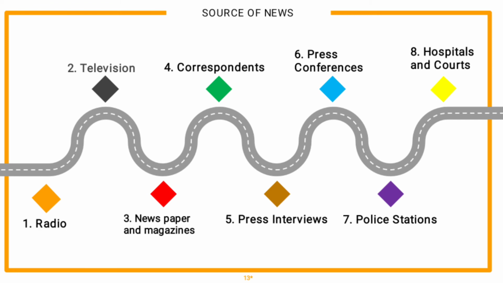Number 4 is correspondence. Number 5, press interviews. Number 6, press conference. And number 7, police stations. This is when the reporter has an interview with the suspect or with the police just to know the background of the suspect. And number 8 is the hospital and court.